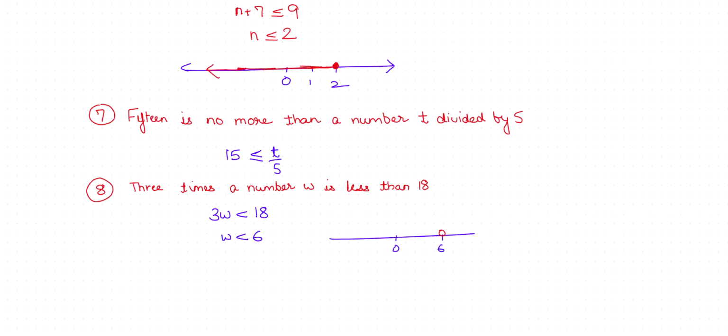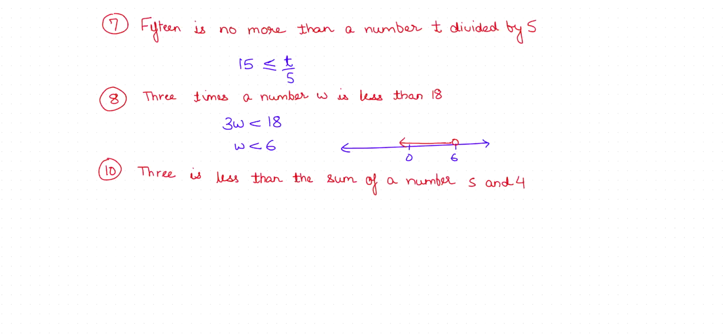Since there is no equal to sign, we'll put an empty circle and this will continue like this. All the numbers less than 6.